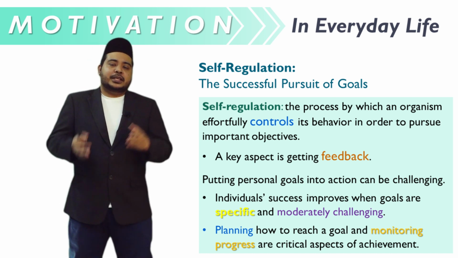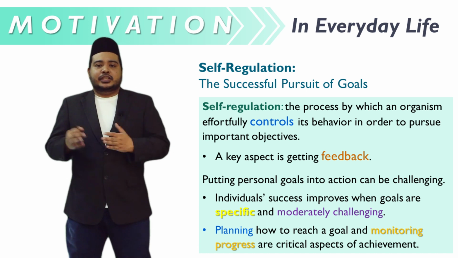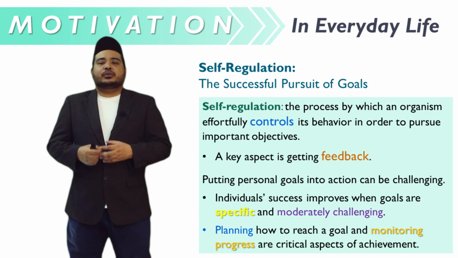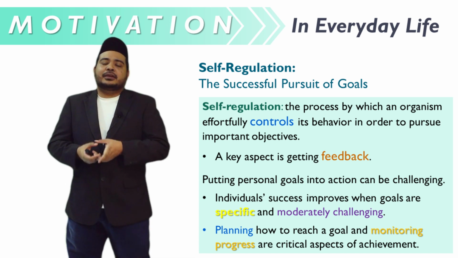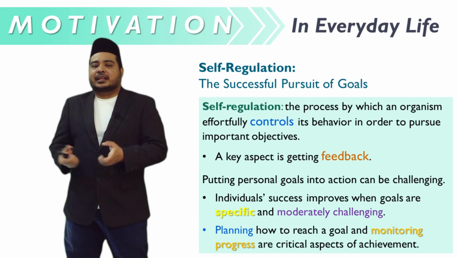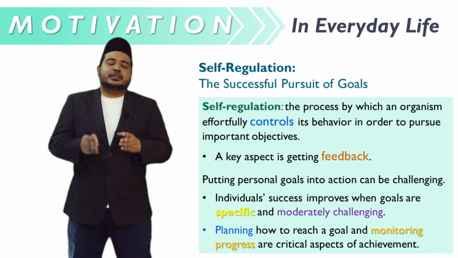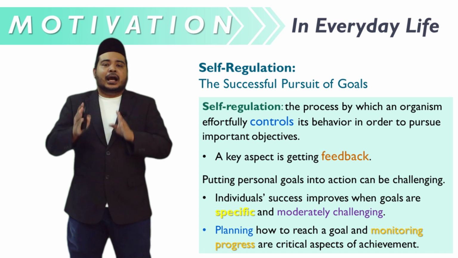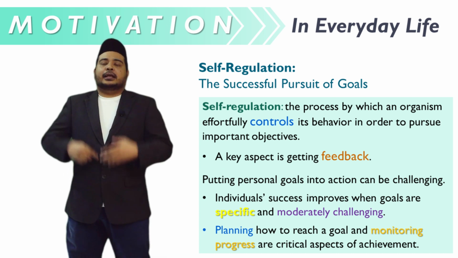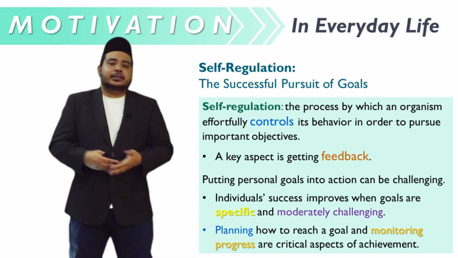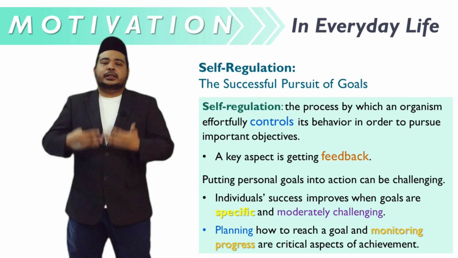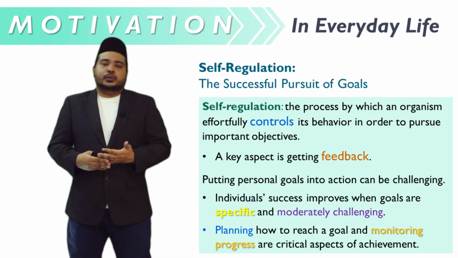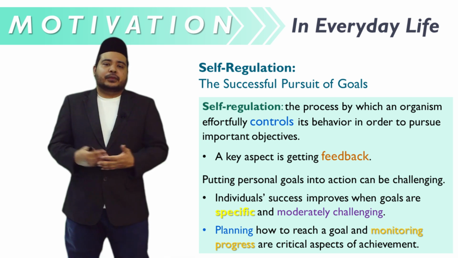Besides being specific and moderately challenging, people who want to achieve their goals, who want to have sustained, energized, directed behavior, must put together a proper plan. Planning how to reach a goal. Another important thing about planning is to always monitor the progress of our actions to achieve and fulfill our goals.